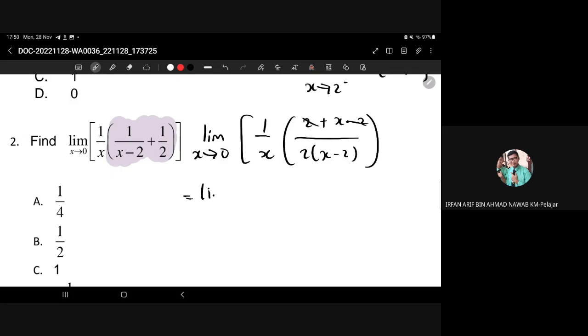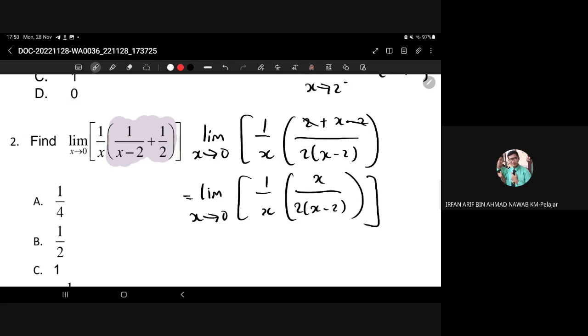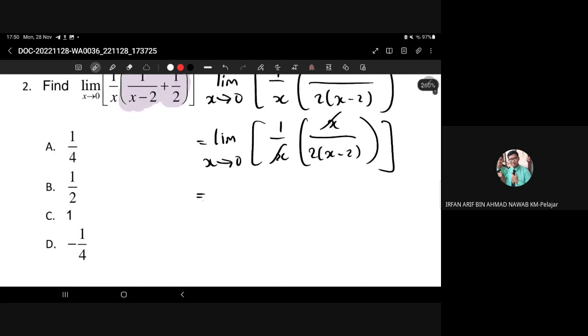Then you write down the same denominator. Now you are left with x over 2 bracket x minus 2. From here, you could expand it and simplify the numerator and the denominator. You could simplify it very easily because they have a common factor. Then you can directly substitute into this new simplified function.